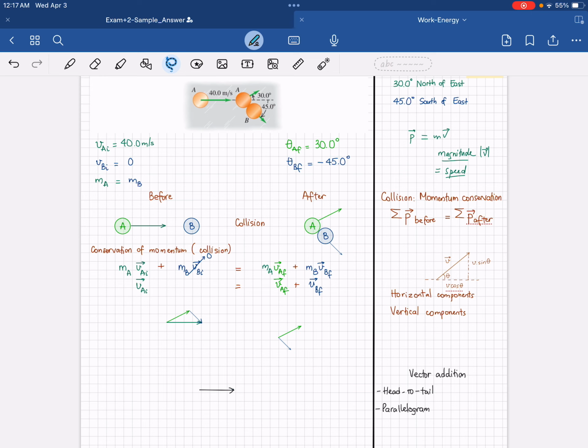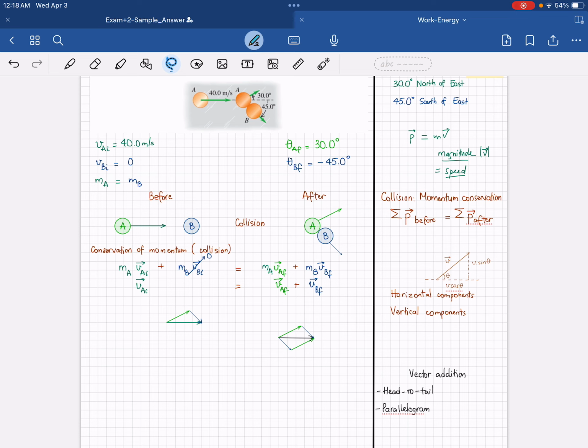Then we make a parallelogram out of these two vectors, with more copying. I love GoodNotes for this function, it's so convenient. The final vector goes from the tail towards the head, and it's exactly the same. So the two methods give the same result, and it makes sense.